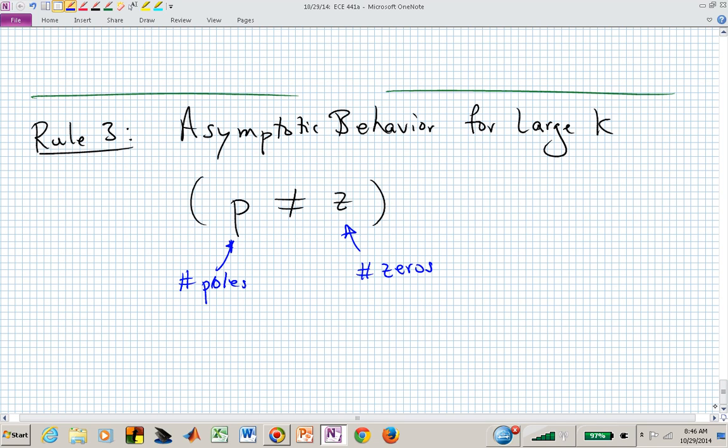And really what we're doing, we're not directly finding the root locus in this. We're finding guidelines. We're finding asymptotic sketch lines in rule number 3, and our root locus branches will approach those guidelines as k gets bigger.